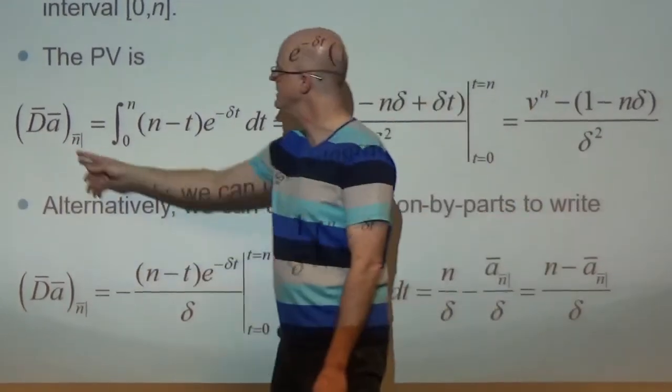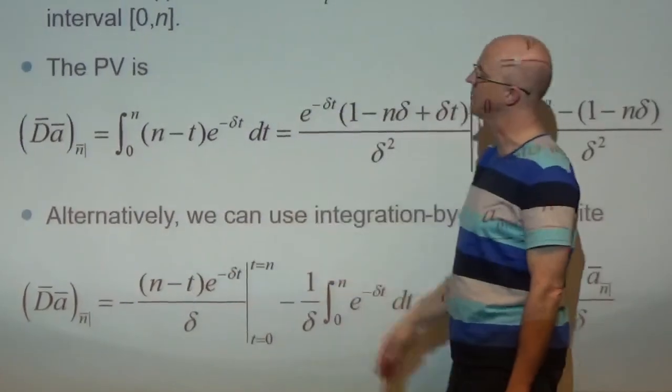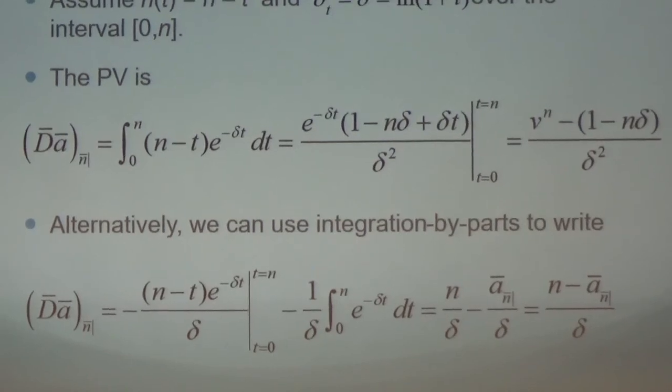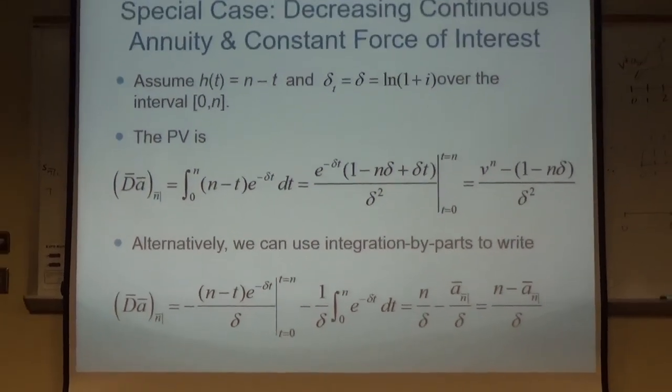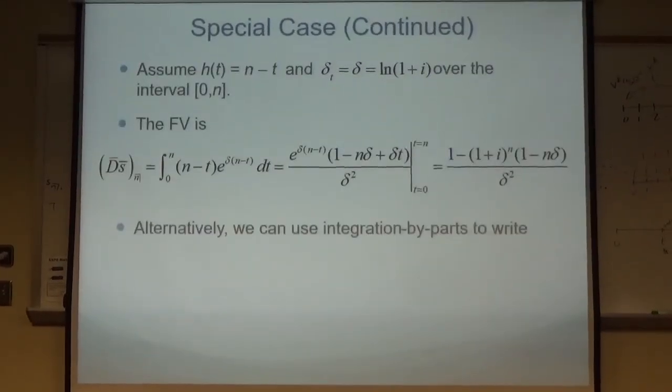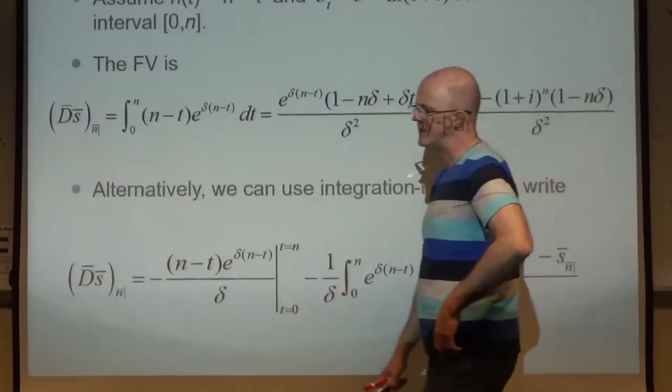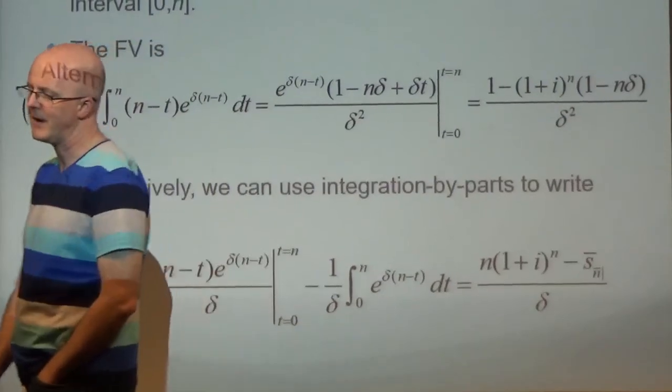Also notice the notation: d for decreasing annuity, bars for continuous, A's for present values, and on the final slide we have S's for future values. Same situation, and you get these formulas. So take the time to look those over, rederive them, think about them.